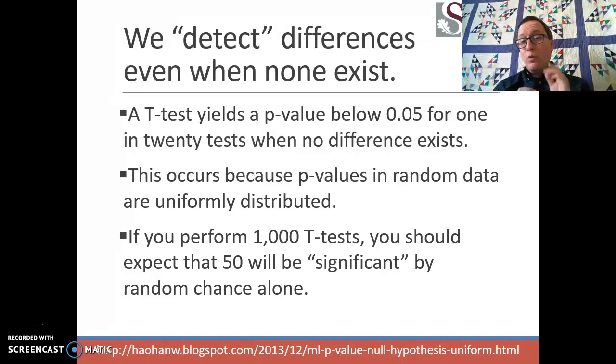So if you have 1,000 different genes, each of which has gene expression data, you should expect that 50 of them will be significant differences by random chance alone if you use a threshold of p less than 0.05, because 0.05 times 1,000 is 50.